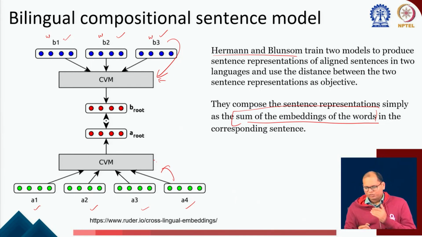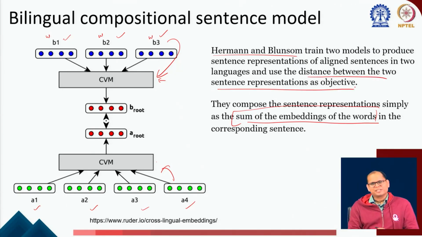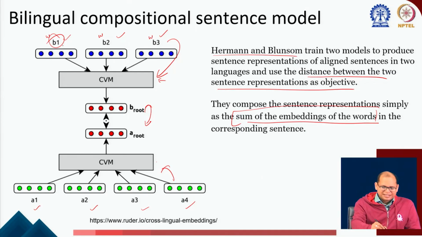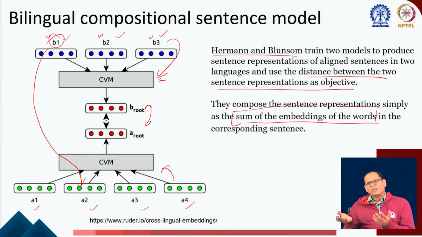And then you say, fine, they should be very close. So, they use the distance between the 2 sentence representations as the objective. They are parallel sentences, so their representations should be very close to each other. And how do you get the representation? By taking the sum of the embeddings of the individual words, and use that to learn a good representation for the words, because these words will be shared across many sentences, and you will know that if this word should have a representation very similar to another word, they are coming together in many parallel sentences.